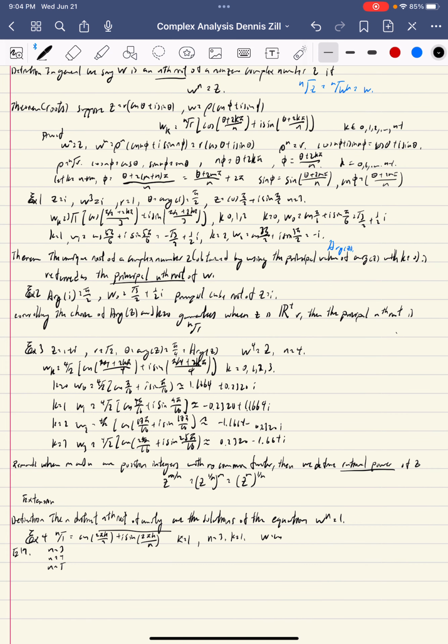So you have cosine of 2 pi over 3 plus i sine of 2 pi over 3. Well, that is equal to negative 1/2 plus root 3 over 2 i, right? And now let's do w squared, right? Use De Moivre's formula, right? Then really we can find this w squared, that is equal to cosine of 4 pi over 3 plus i sine of 4 pi over 3.